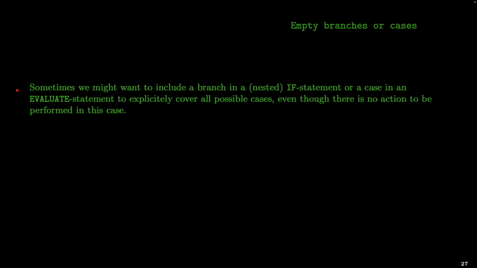As a final remark on the if or evaluate statements, let me say that we might get into the situation where we have a branch, for example in a nested if statement or one of the cases in an evaluate statement, that should not result in any code being executed, but we simply might want to list it for readability, for completeness, to explicitly list all the possible cases.